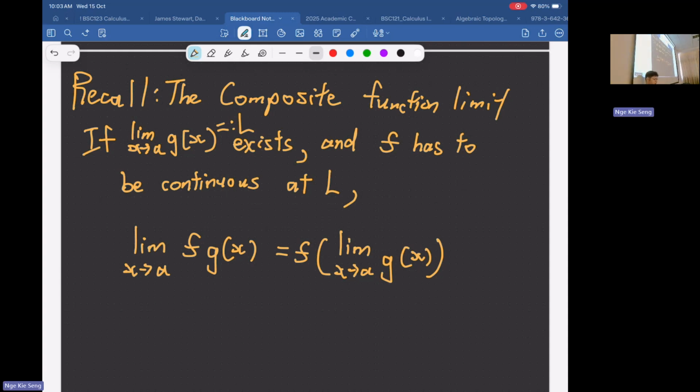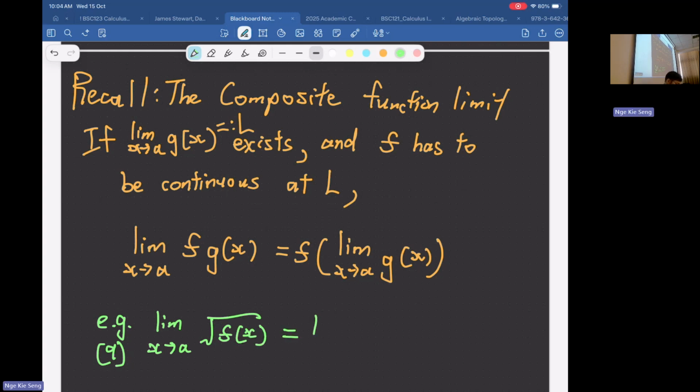So this is a bit like a generalization of the limit law. If you still remember, for example, the square root rule, right? You can bring this limit of the square root of the function inside: the limit of the square root of f(x) equals the square root of the limit of f.